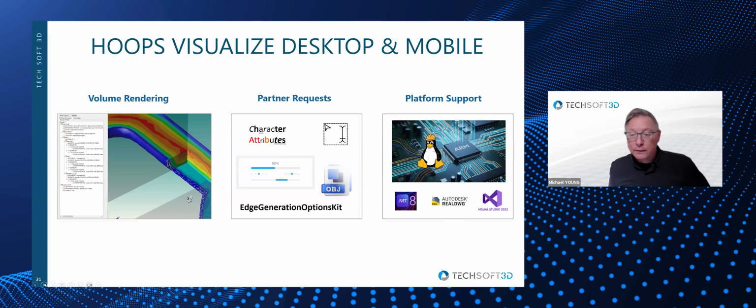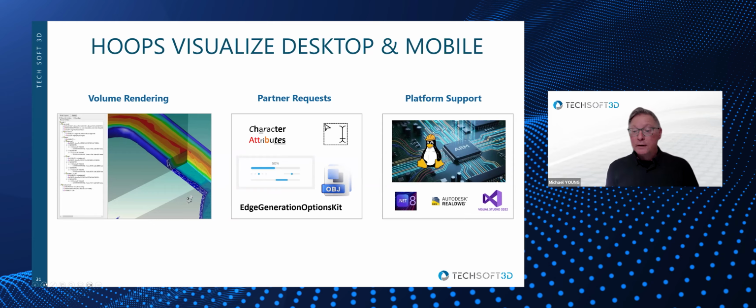And we also added an edge generation options kit that allows you to set, unset, and show adjacent edges, hard edges, set the default face and edge visibility, ignore local face and edge visibilities. So you have quite a bit of flexibility in how edges are treated.